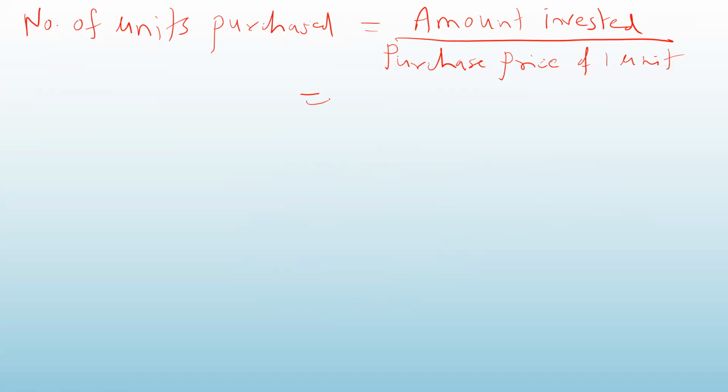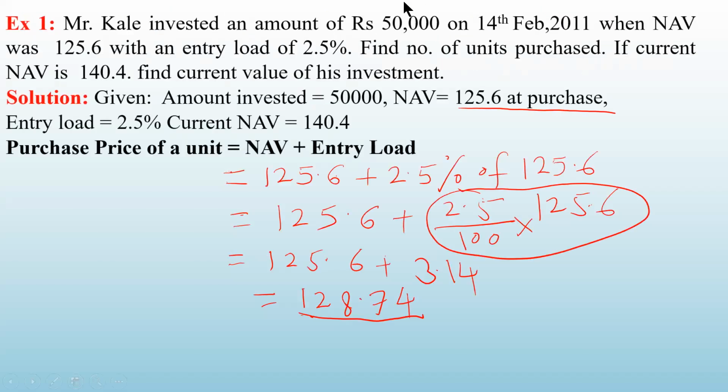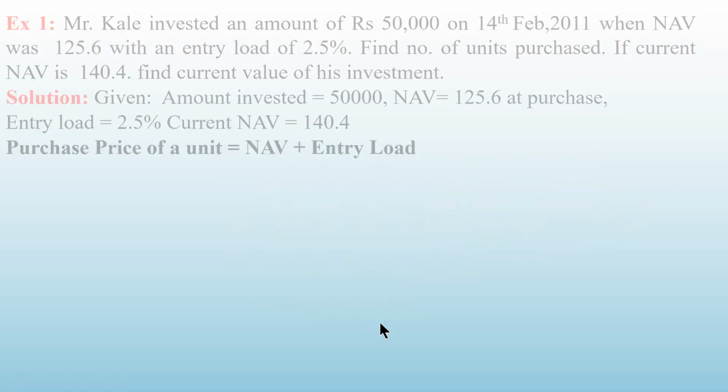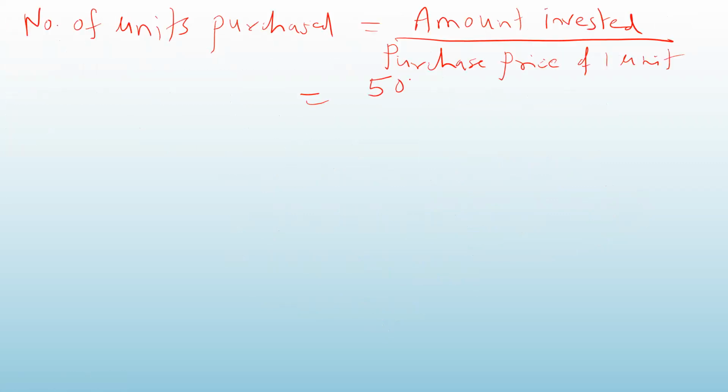How much amount was invested? Go back to the question and see. 50,000 was the amount invested. So 50,000 is the amount invested and purchase price is 128.74. So 50,000 divided by 128.74. How many units will you get?